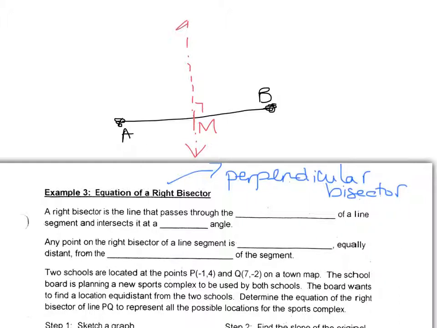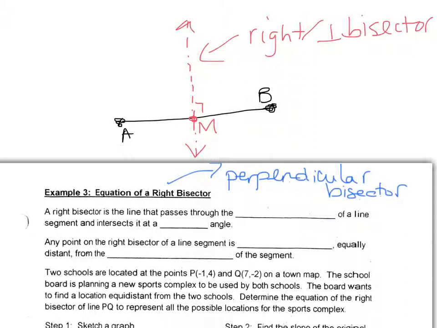So this line here, that is what's called a right or a perpendicular bisector. That's the sign for perpendicular, the upside down T there. Okay, so that line's a right bisector. It passes through the midpoint of the line segment and it intersects at a right angle.